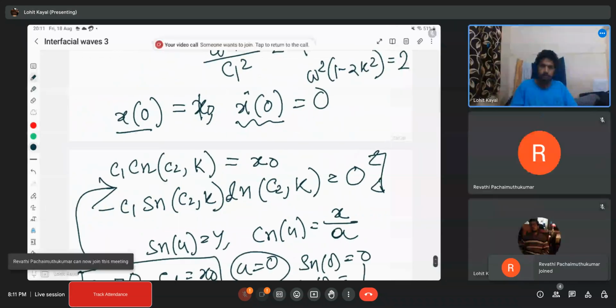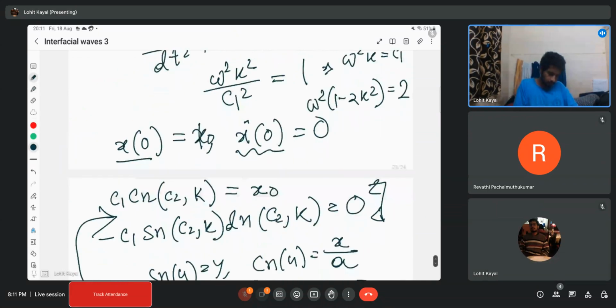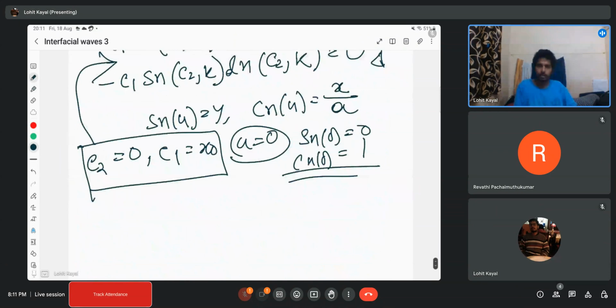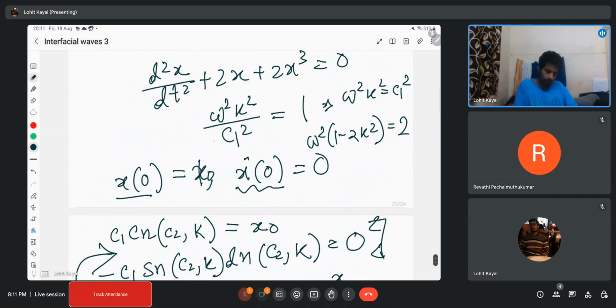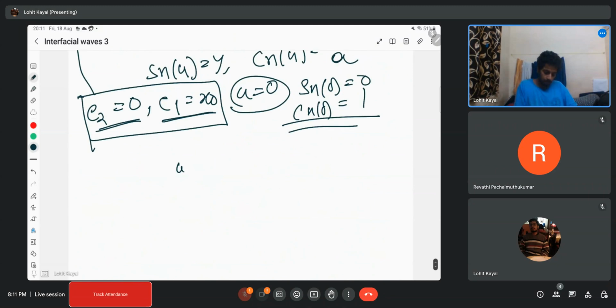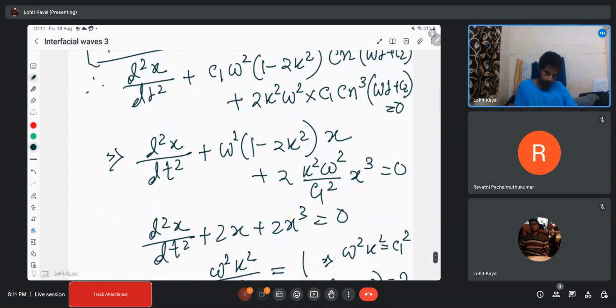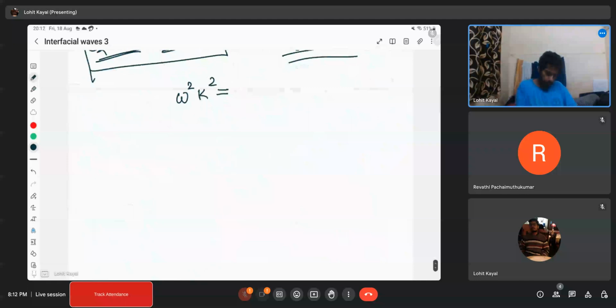So what are the answers that you are getting? That is c1 equal to x naught and c2 equal to 0. Now if you substitute it in this expression, you have two expressions. One is ω² k² is equal to c1 square.